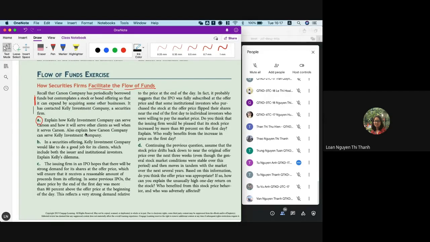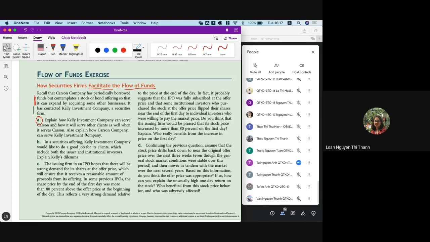How the security firm served the Carson and how the Carson served the security firm. I'm not clear about this problem. Can you explain to me? It's a kind of situations, right? Yeah.